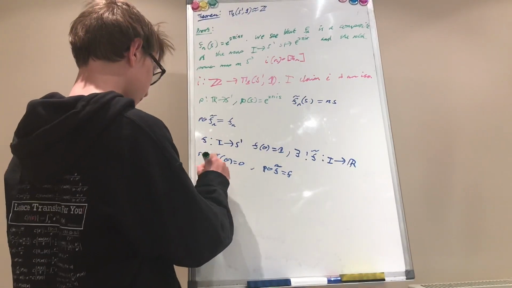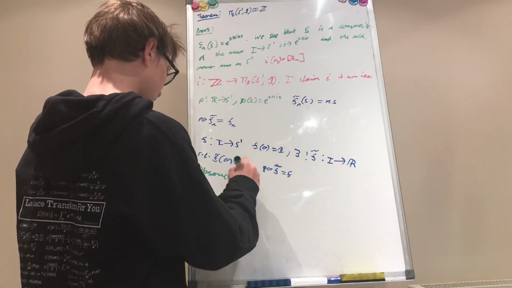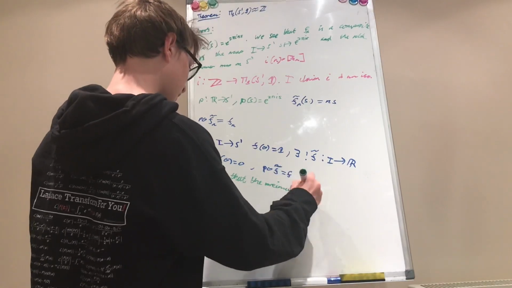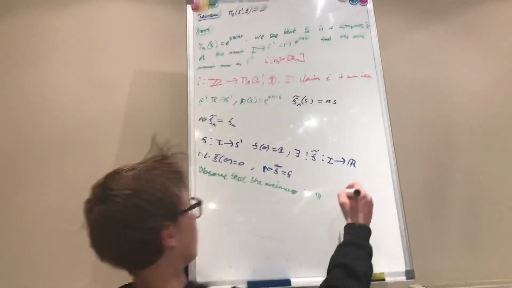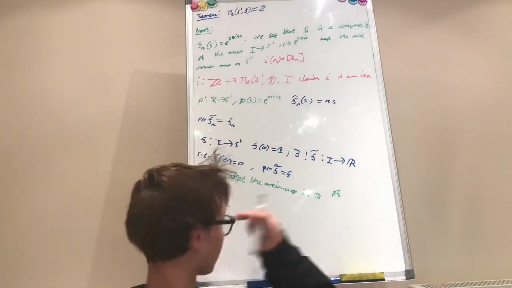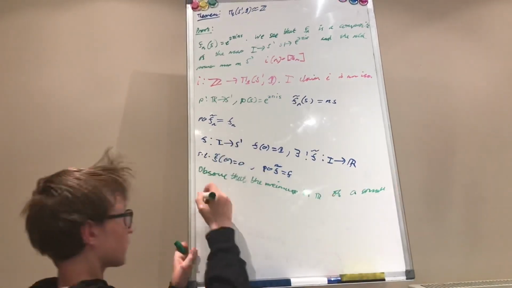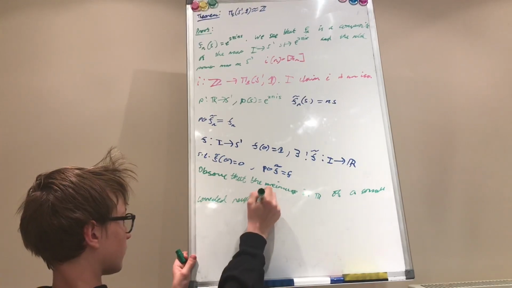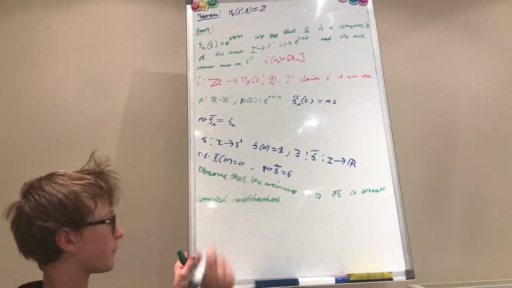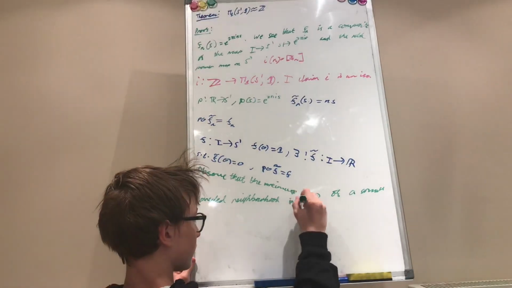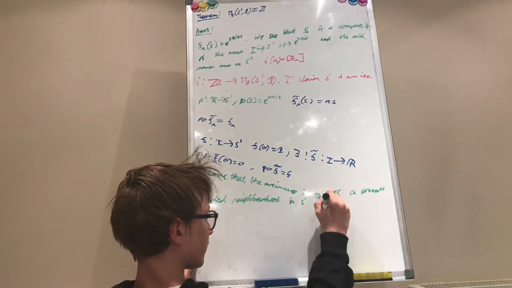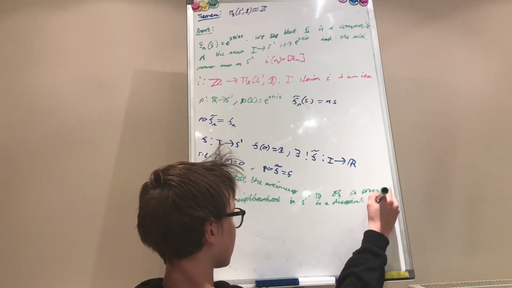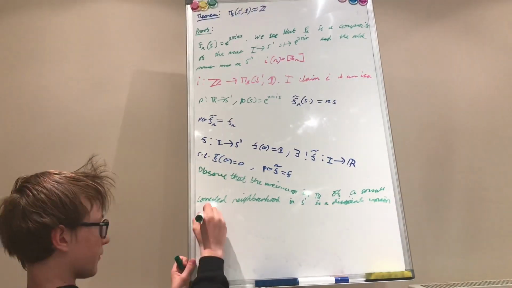Observe that the pre-image in R of a small connected neighborhood in S1 is a disjoint union of a copy of that neighborhood.